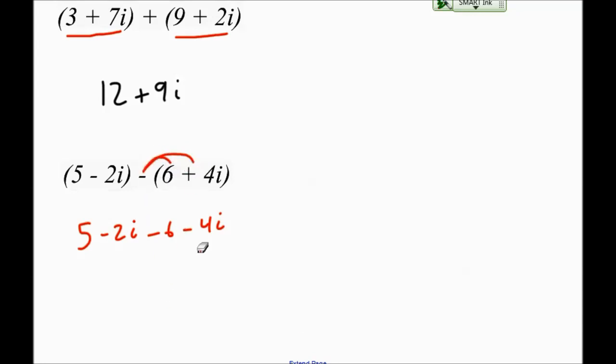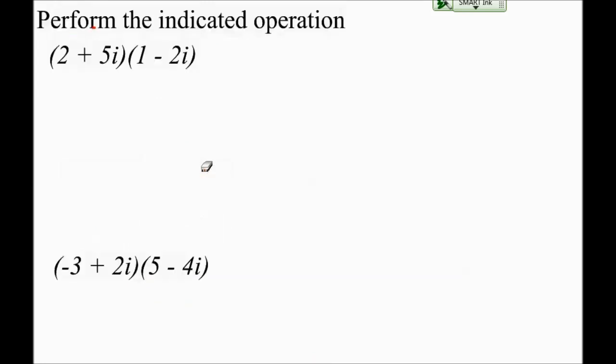Then I'm going to combine like terms. Here, 5 minus 6 is -1. Negative 2i minus 4i is -6i. So adding, you add the real, add the complex. Subtracting, subtract the real, subtract the complex. Same thing.